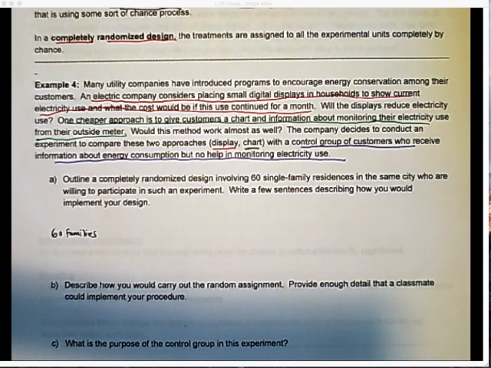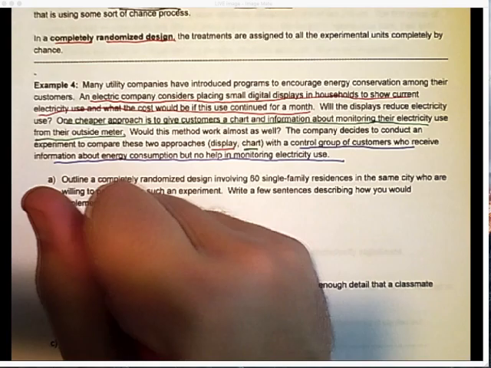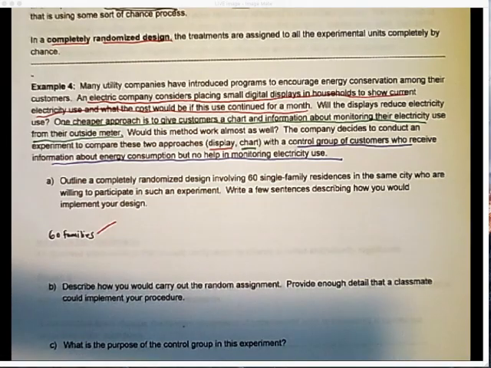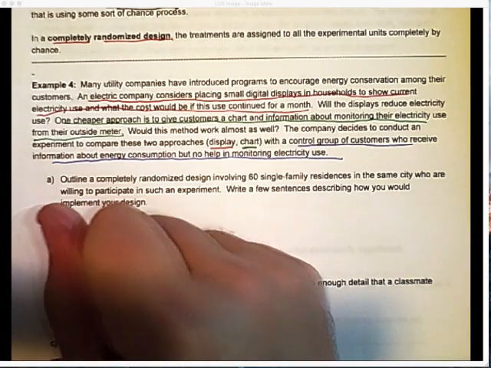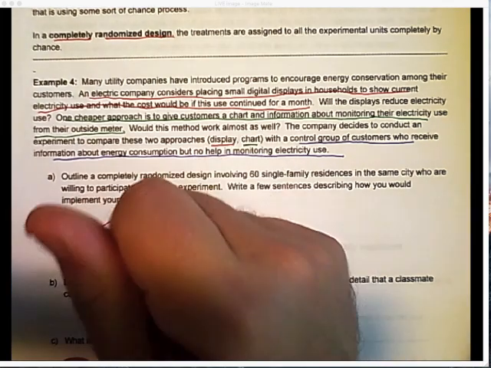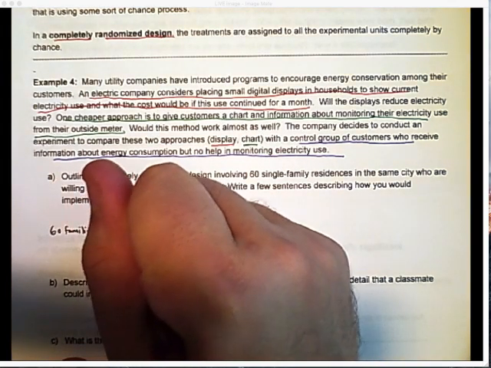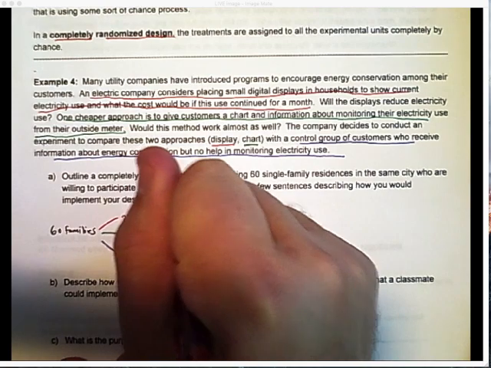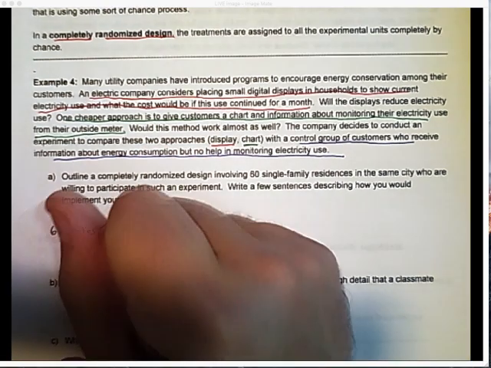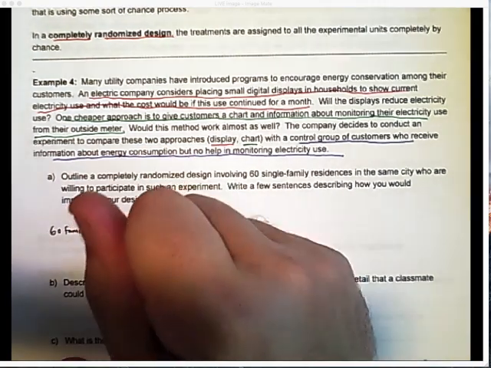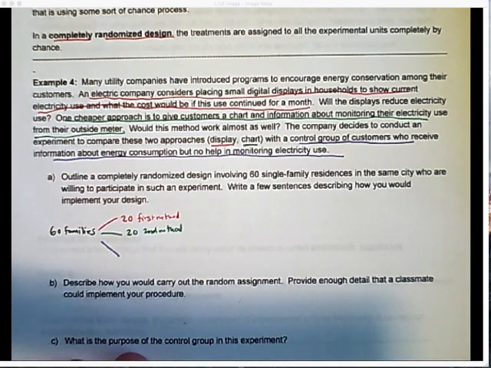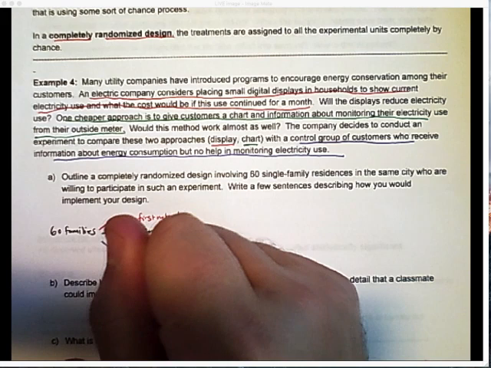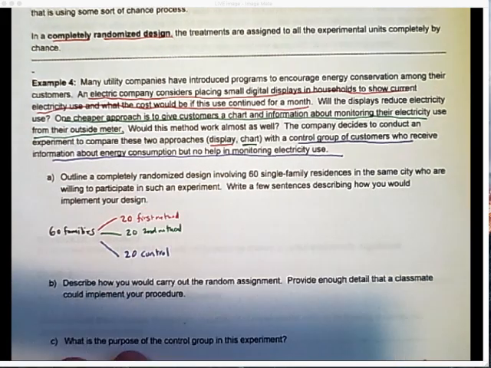All right, and we want completely randomized, but we want about the same number in each group. So we want 20 to have the first method. We want 20 to get the second method. And we want 20 to be part of our control, or the third method.